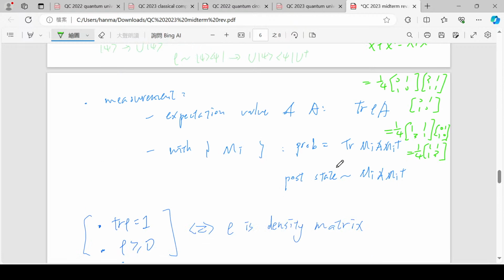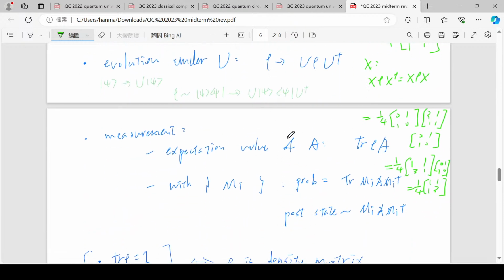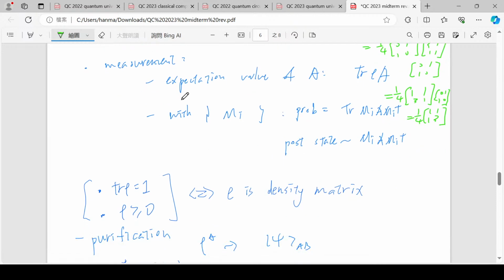And okay, then we get lazy, and then you can do measurement. And so for measurement, there are also different kinds. If you want the expectation value of some Hermitian operator A, then you just take the trace of rho times A. And if you do generalized measurement with a set of measurement operators, then the post-measurement state is like M_i rho M_i dagger, and the probability will be the trace of this thing, so you normalize by dividing by the probability. So the actual state is this divided by the probability.